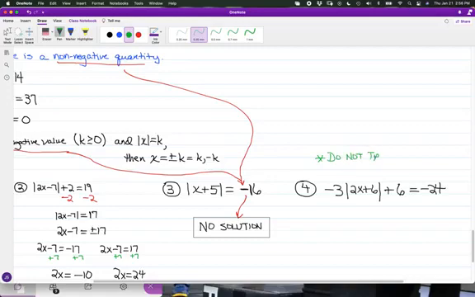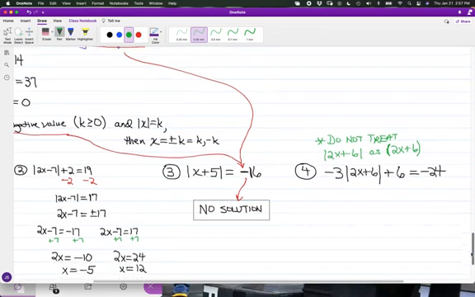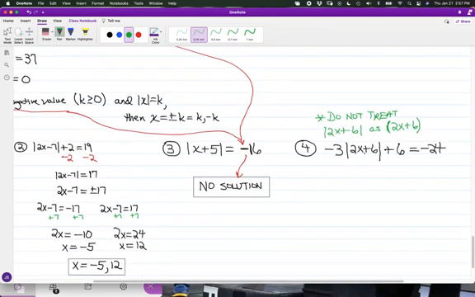In other words, do not treat the absolute value of 2x plus 6 as you would if you had 2x plus 6 in parentheses. We cannot take direct distribution and say we have negative 6x minus 18. So you're going to have to work around the absolute value symbols with the outside coefficients.